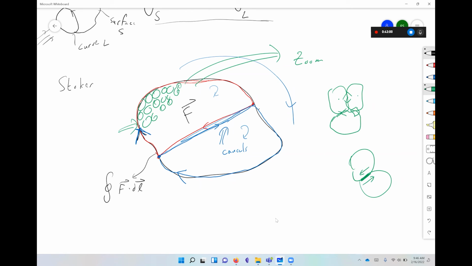And if you look at this, you can divide it into the sum of those tiny circulations. What are those tiny circulations? You sum over those tiny circulations. What's the sum? It's an integral. You're summing over a surface. So this becomes a sum over a surface. What are those tiny circulations? Those tiny circulations are the curl, right?